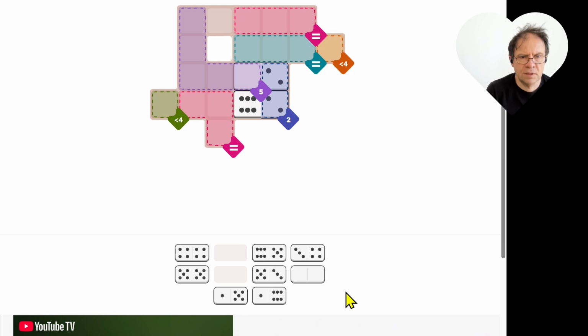I think there's an interesting situation here where you have to figure out where you're going to dump your 6. There's only one 6 left. There's a bunch of places where there can't be a 6. This is pretty much the only place you can be a 6, which is nice.